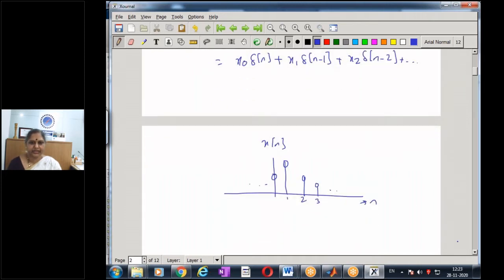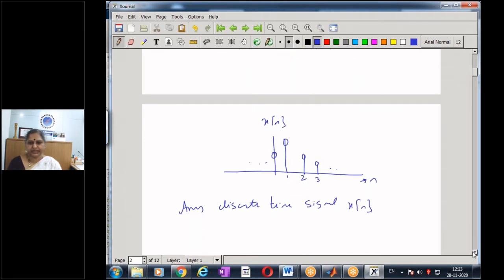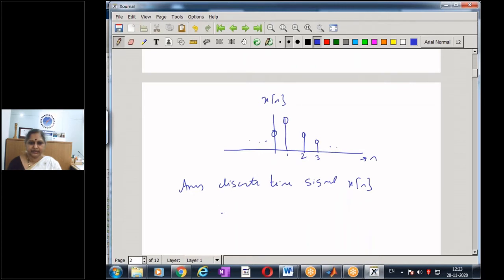Or in general, any discrete time signal x[n] can be represented as x[n] equal to sigma m equal to minus infinity to infinity x[m] delta[n minus m].